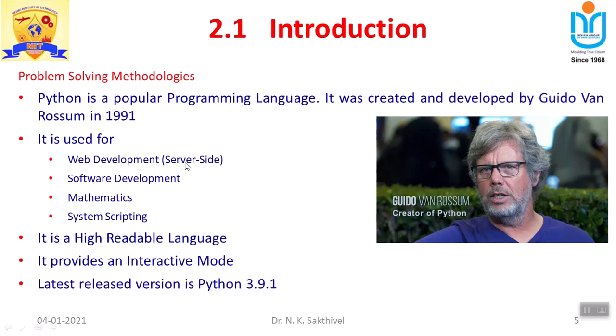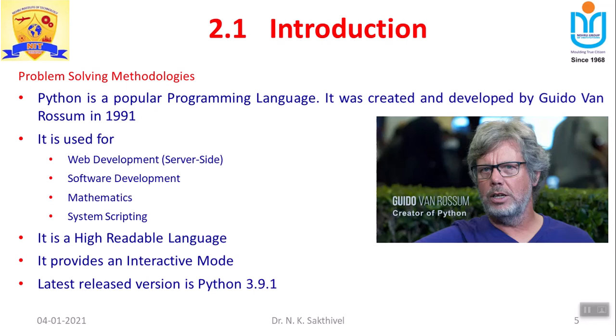As far as the applications of Python are concerned, we can use Python for web development, software development, all mathematical models we can implement, and it is possible to write system scripting also. Most languages are designed either for scripting or for web development or for software development, whereas Python is a unique tool which can be used for all types of software development, and it is highly readable, and it has an interactive mode.